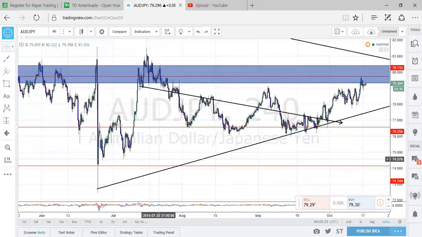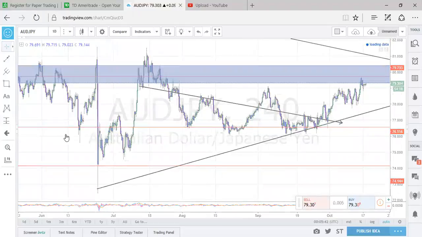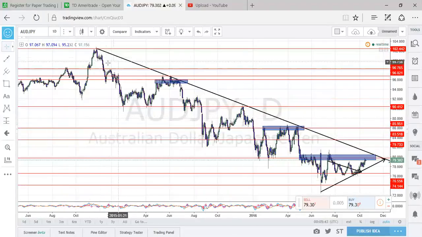The 4 hour, the daily, very great time frames to look at, because you can hold trades over time, because you're able to retest these zones and know you can hold a trade. So the daily, see? So assuming that this level couldn't have been broken, you would have held this.